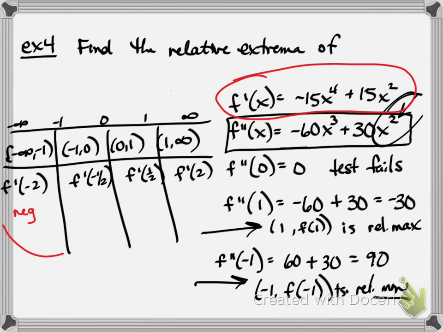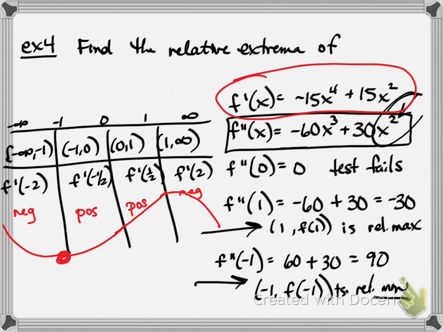Negative a half would give us a larger positive. So this would be positive, so we would be increasing. Positive a half would also give a positive, so increasing again. And positive 2 would give us that larger negative, so we'd be decreasing again.